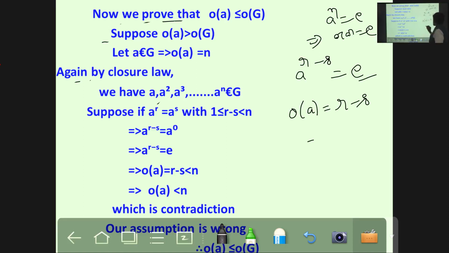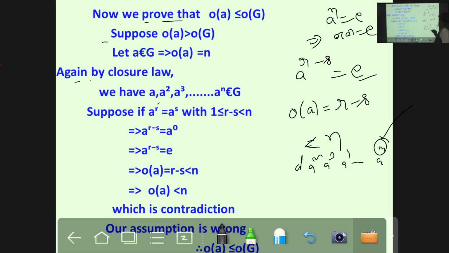So r minus s is positive, but it is less than n. Suppose a power 1, a square, a cube, and so on up to a power n, where n is the largest.